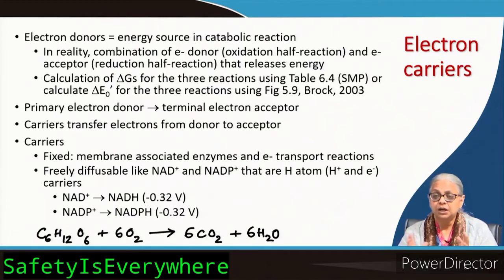There are a large number of enzyme mediated reactions where carriers like NAD+ and FAD all come into play in transferring electrons from the donor to the acceptor. So we are going to go through all of it and try to understand what is important in terms of the biochemical process of transferring electrons and generating ATP.